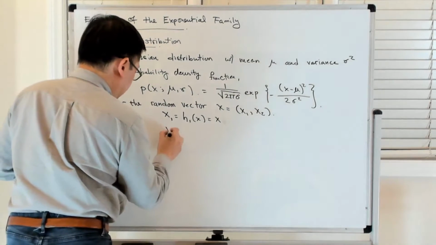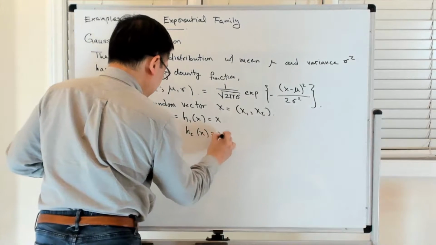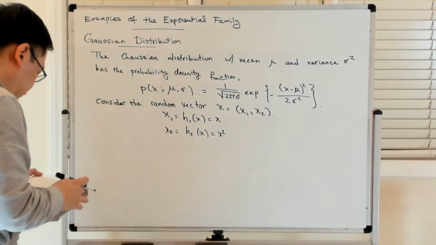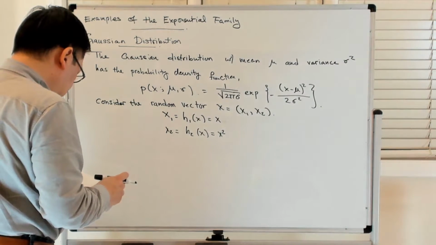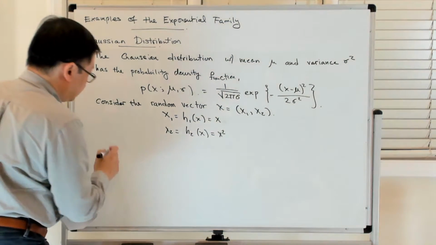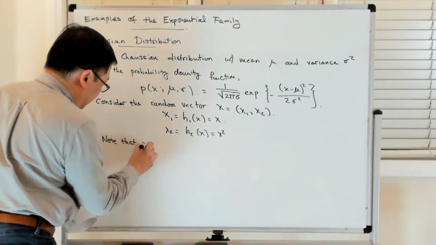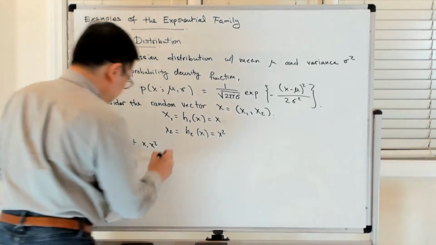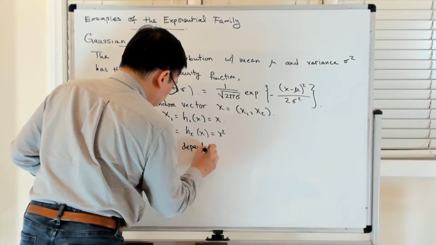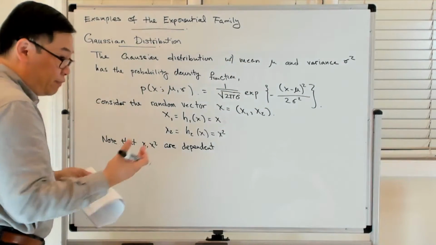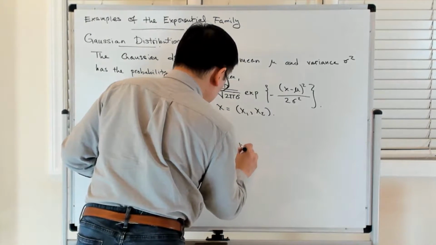And x2 is h2 of x, which is x squared. Note that x and x squared are dependent as random variables, but they are linearly independent functions.